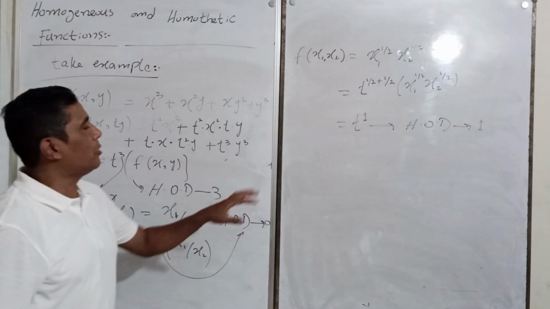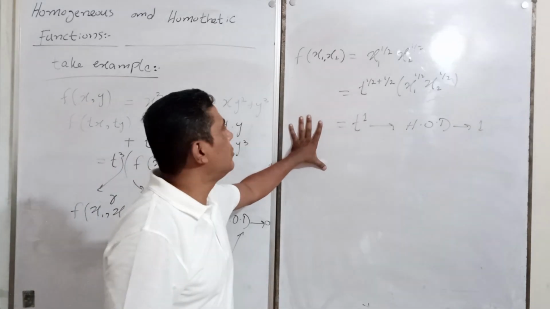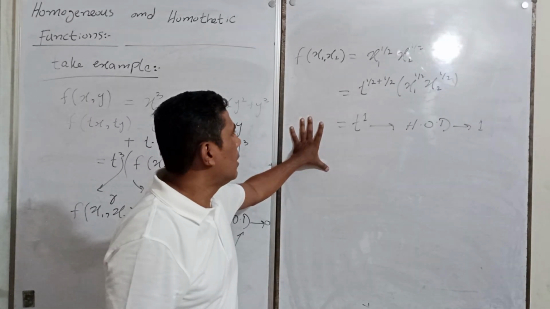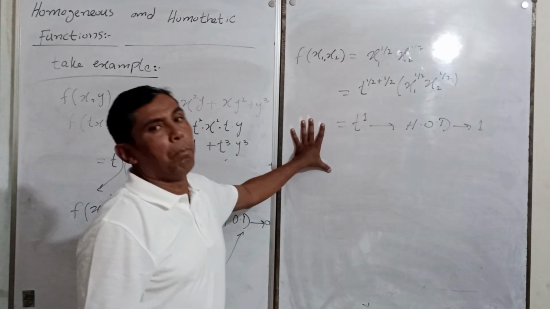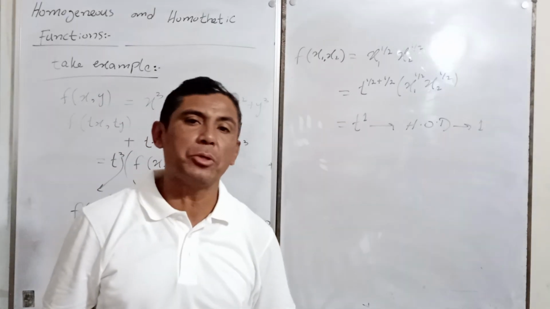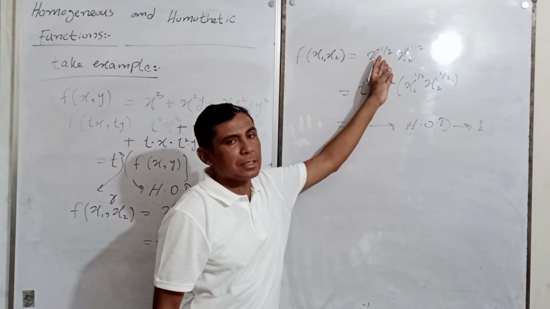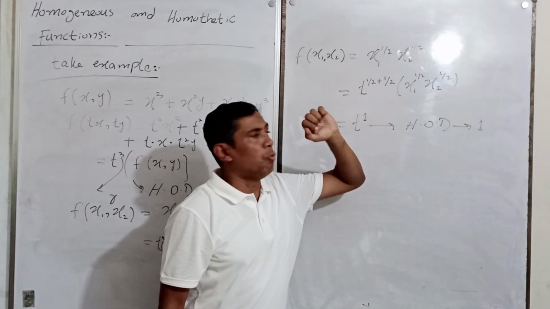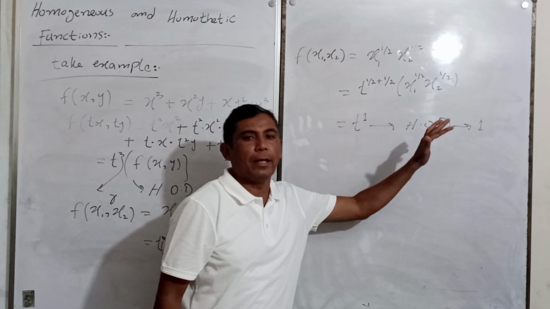So what you conclude here is, if you have a Cobb-Douglas utility function and the shares of both commodities in your basket of choice are equal to each other, meaning you have 50% weight for commodity X1 and 50% weight for commodity X2, then that function must be HOD 1.